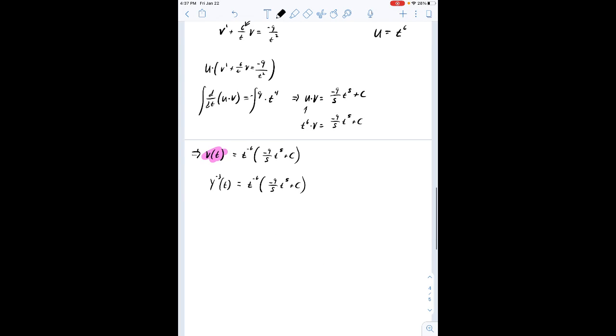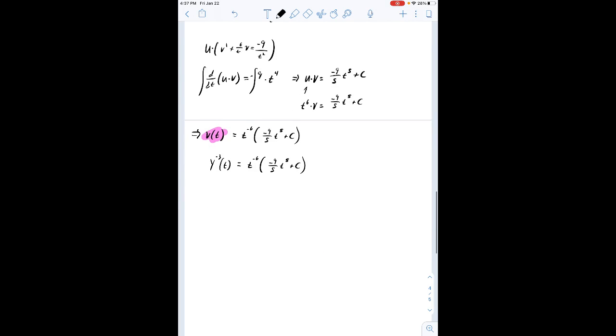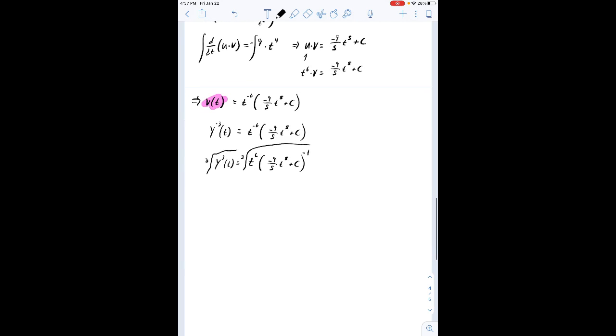Okay, so now it's pretty easy to solve for y. First we'll invert it, because this is technically y over this, right? And we want y cubed. So we'll multiply by -1. So this is going to become t to the positive 6, and then this is going to be the same, except it'll be to the -1st power. And now all we have to do is take a cube root. So those are cube roots, hopefully.